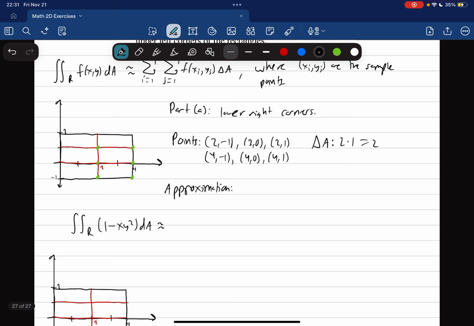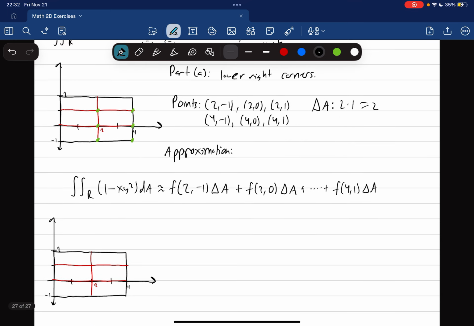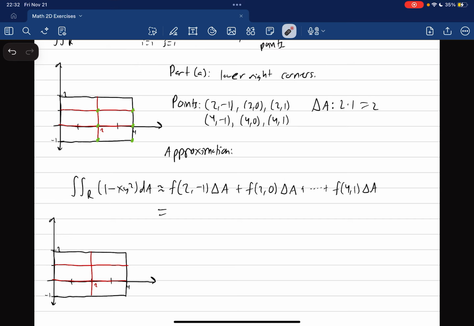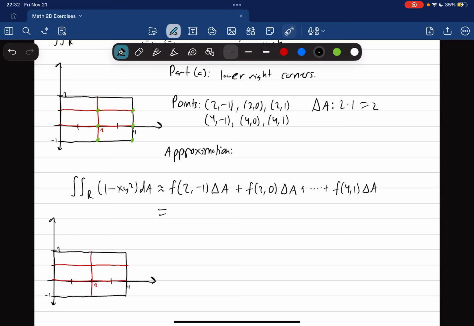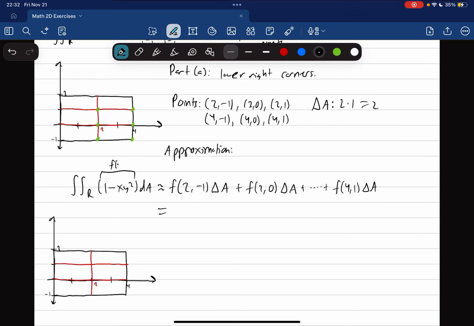And so the approximation I get is: we take our sample points and add up f at those sample points multiplied by the delta A. For this problem, it's actually pretty nice because the delta A's are all the same, and I should mention that here I'm letting this be f of x, y.